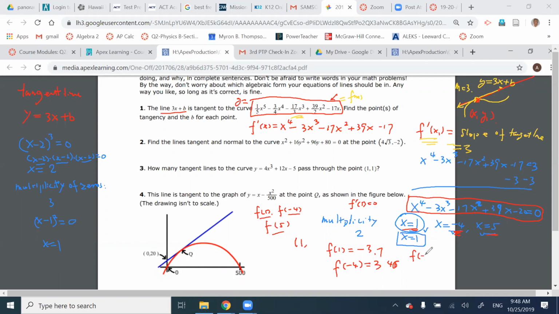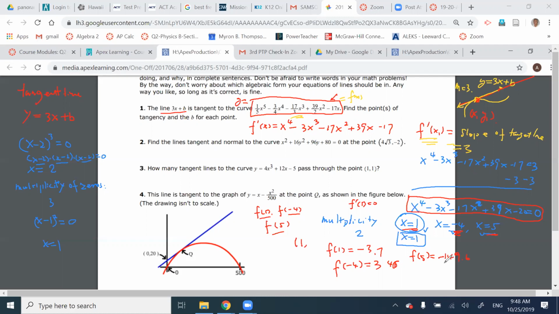Okay, and then you have F5, right? So you already got F5. F5 is negative 149.6. Have you got that?